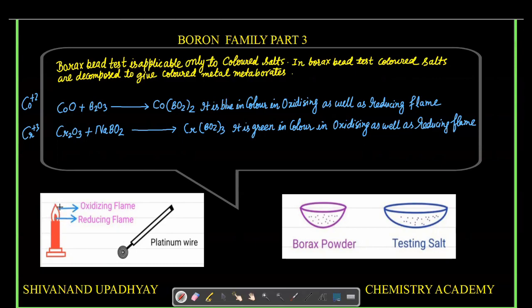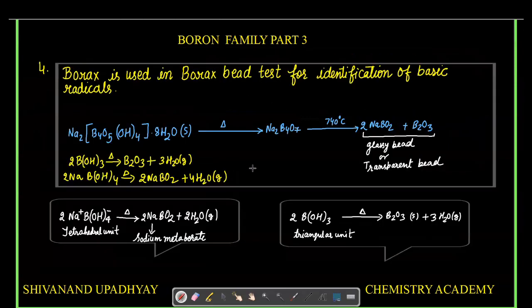Suppose I am heating this B2O3 in the oxidizing flame, and then I take a very small amount of the testing salt, and after mixing these two, I again put it in the oxidizing flame. This metal oxide will dissolve, or we can say it will react, with the B2O3 or the NaBO2 part of the bead, depending upon the compound.